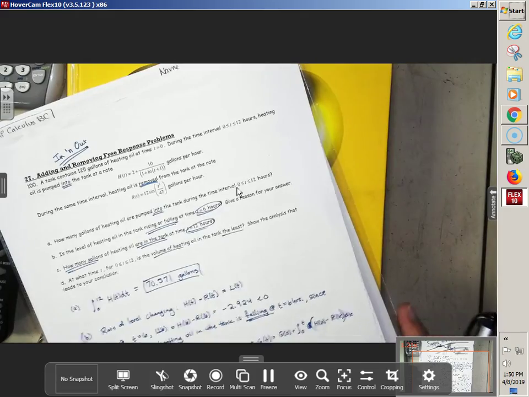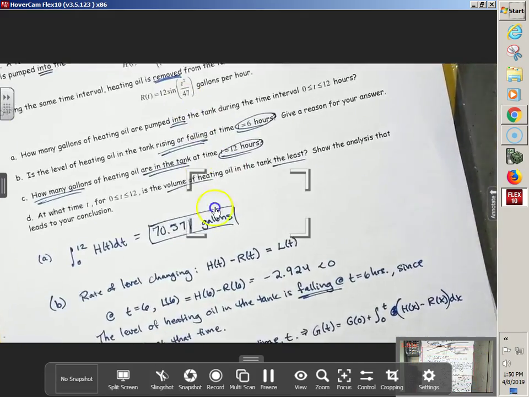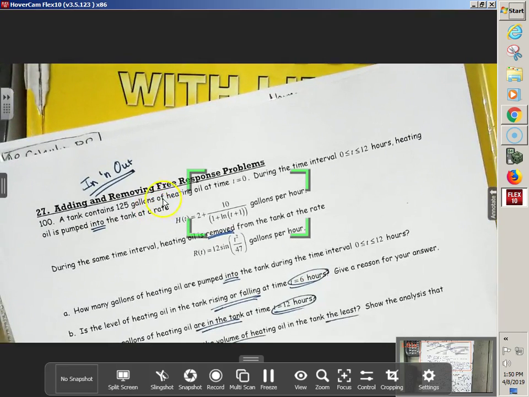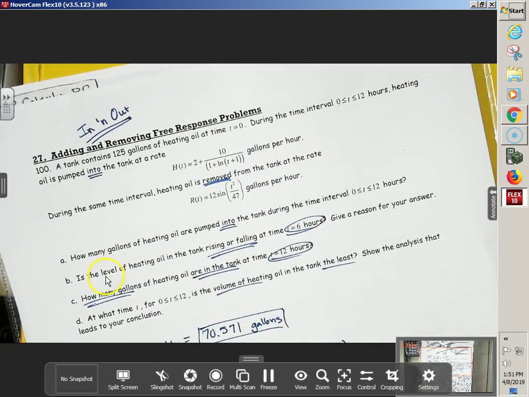Now, in in-out problems, they can give you different stuff, but in this one, what was given to you in the beginning, I saw the word rate. Rate in and rate out. See the in and out? How fast going in, how fast coming out. So whenever they started talking, like in letter B, about the actual level of oil in the tank, not coming in, not going out, but residing in, it's the combination of the two.